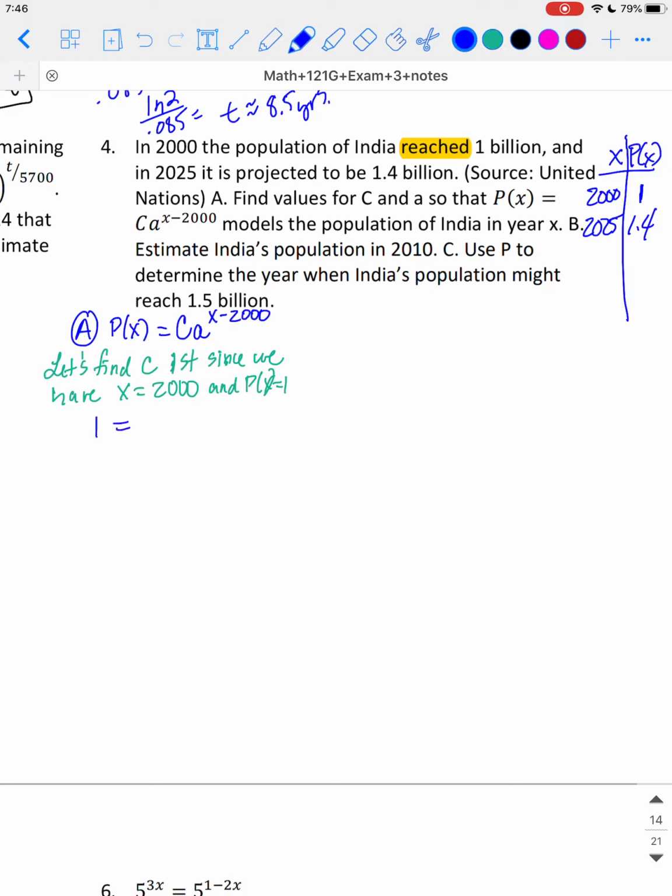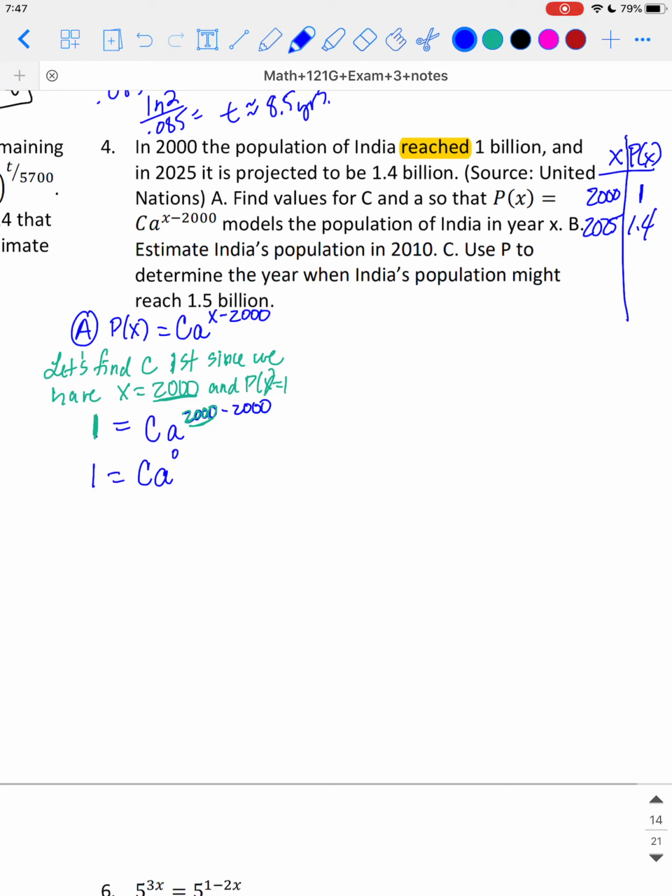So 1 is equal to C times A to the 2000 minus 2000. The nice thing about this 2000 is that when I substitute it in, 2000 minus 2000 is 0. And really I'm left with 1 is equal to C times A to the 0.